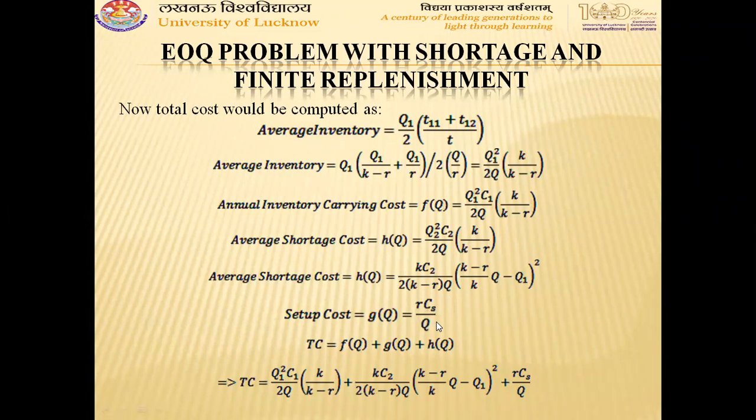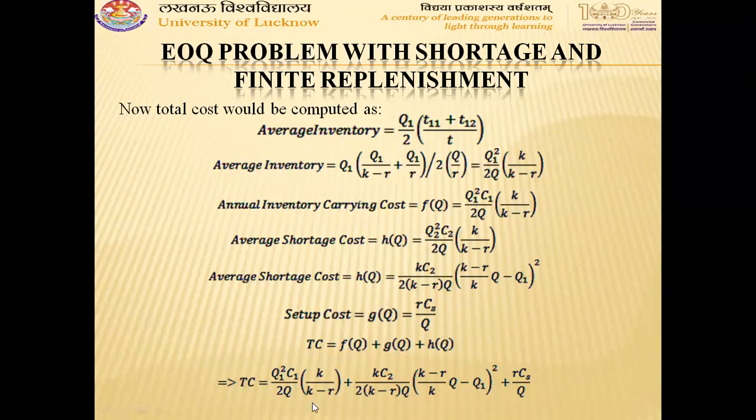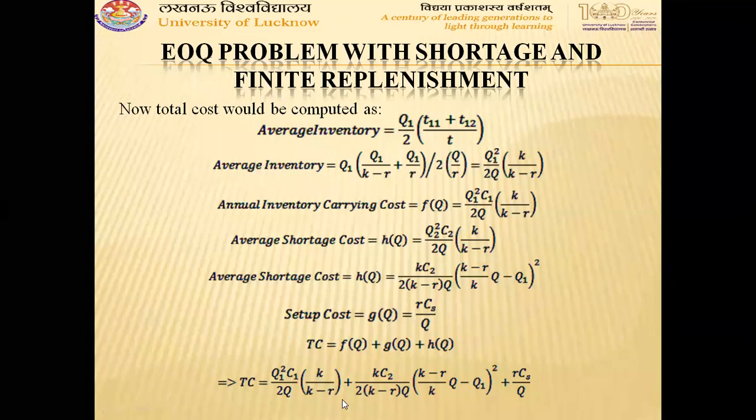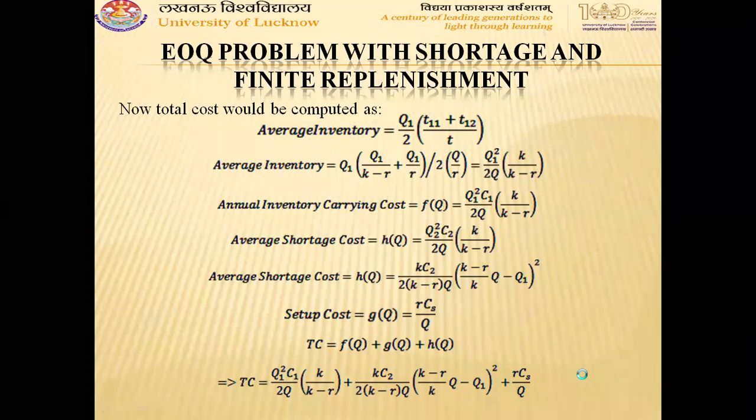So setup cost is R CS upon Q. Total cost will be annual inventory carrying cost plus annual shortage cost plus setup cost, which will give total cost equal to Q1 square C1 upon 2Q into K upon K minus R plus K C2 upon 2 into K minus R Q into K minus R upon K, into Q minus Q1 whole square, plus R CS.